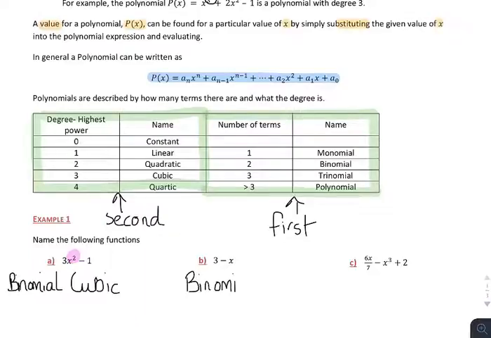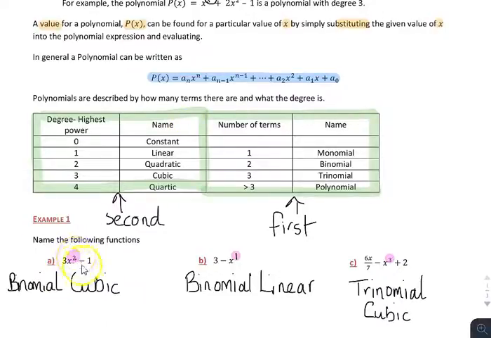Part B, again, 2 terms, binomial. Power, there's an imaginary 1, we don't write it, but it exists, so linear. And then lastly, there are 3 terms, so it's trinomial with a highest power of 3, so it is a cubic, so trinomial cubic. Repeating that first one, example A, has a power of 2, so it is a quadratic, not a cubic.